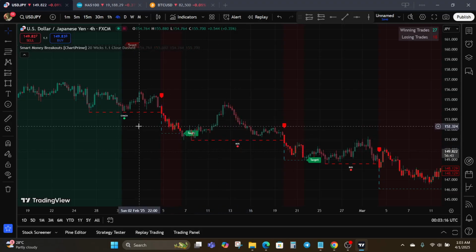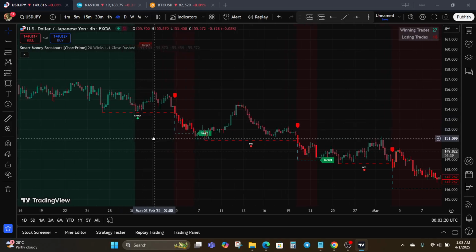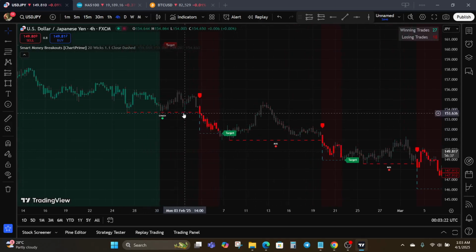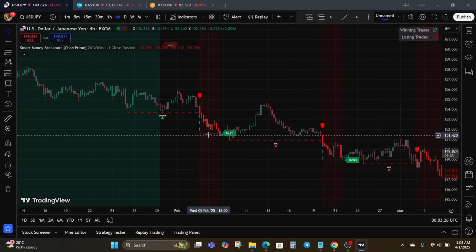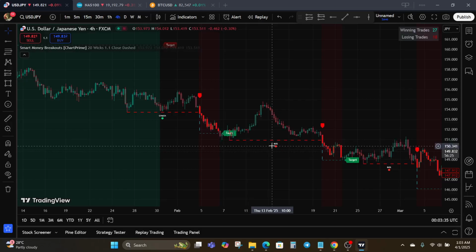Well, CHoCH means change of character, and it appears when price breaks a minor structure level, signaling a potential reversal. All right, so this is your early warning that smart money may be shifting direction. Then the BOS, meaning break of structure, confirms the new trend by breaking a major support or resistance level.